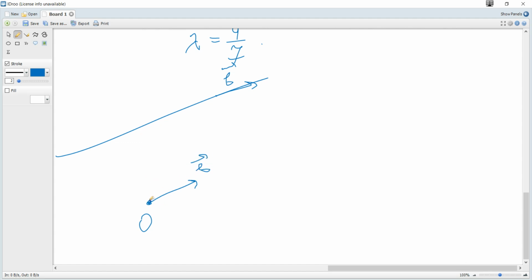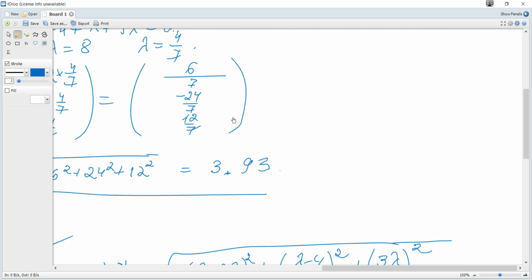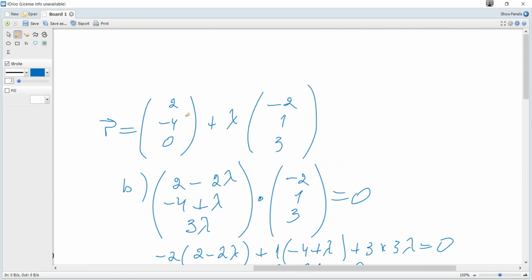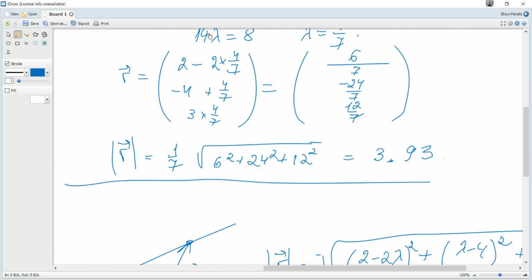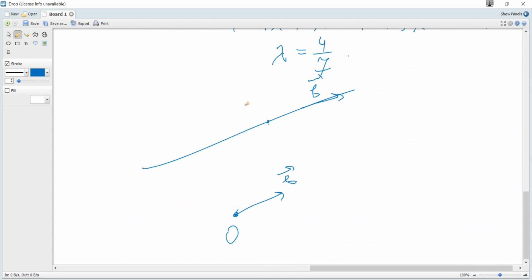If we consider some specific point with specific coordinates, we can consider this point (2, negative 4, 0). It's a point on the line, and this vector OA is a vector from the origin to some point on the line.